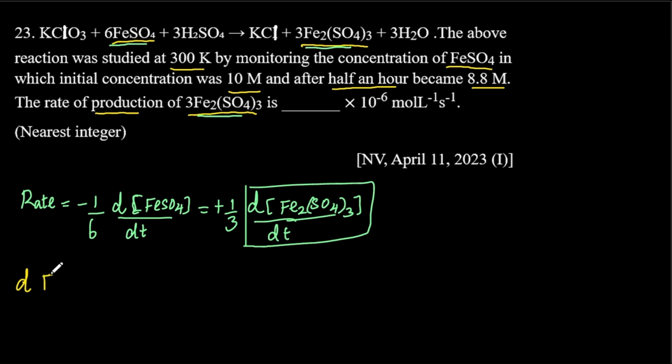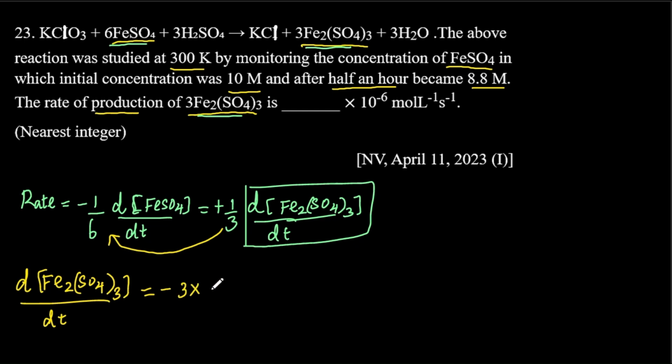So the change in the concentration of the product Fe2(SO4)3 divided by the change in time is equal to, we are taking this 3 to the other side. Already you have minus 1 by 6. So minus 3 into 1 by 6 into the rate of the disappearance of the reactant FeSO4.